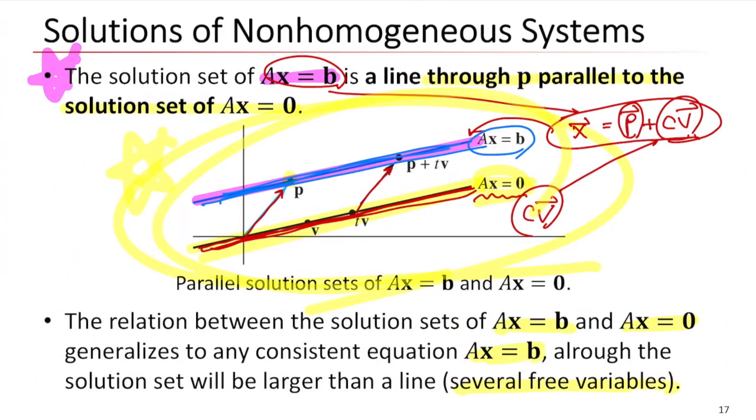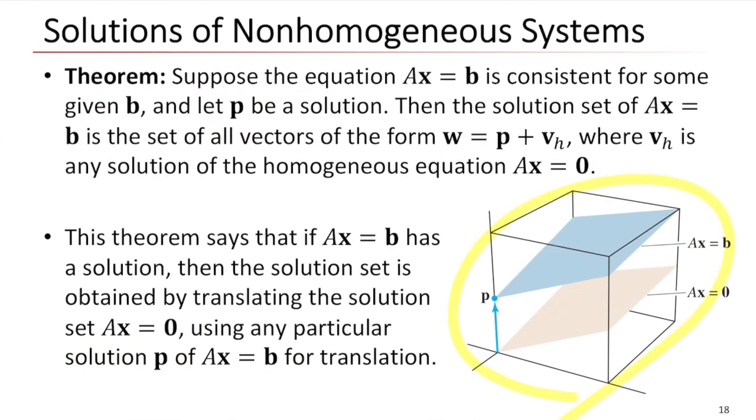Then this property can be generalized to the more free variable case. Let's say the plane case. So let's think about a higher dimensional interpretation of this one here. Let's say the solution set of Ax = 0, the homogeneous system, is a plane. Then we want to solve Ax = b, the non-homogeneous system.